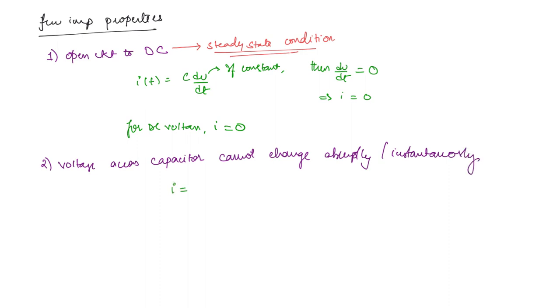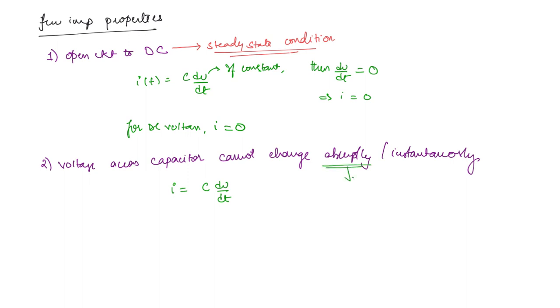Once again we will go to the VI relationship, C dV by dt. What is meant by an abrupt change? Abrupt change means there is change occurring in infinitesimally small value of dt. Okay. So, that means dt is almost equal to 0, right, because that is what is meant by abrupt.